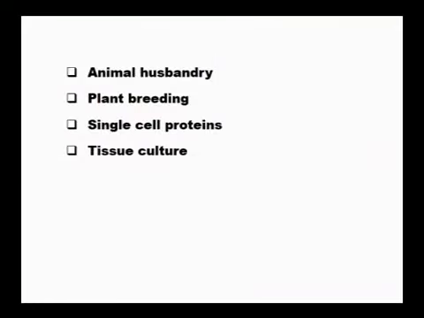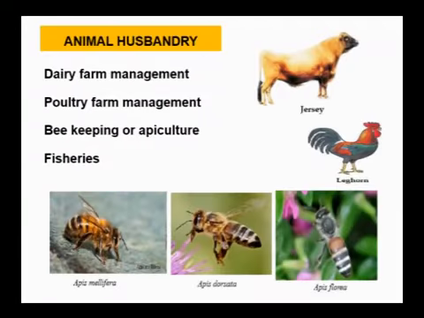So this chapter includes the content: animal husbandry, plant breeding, single cell proteins, tissue culture. So let's look into subtopics of animal husbandry. In animal husbandry, we study dairy farm management, poultry farm management, beekeeping or apiculture, fisheries.